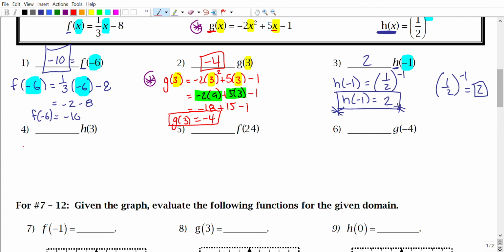So this is h of 3, but instead of an x, I'm going to use a 3 now. So this is going to be 1/2 raised to the 3. So why don't you guys go ahead and type that into your calculators right now, and you should end up with 1/8.